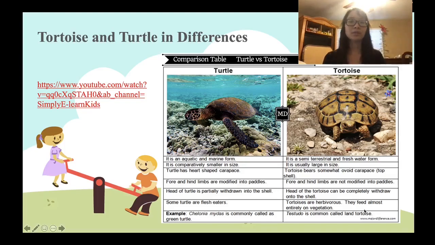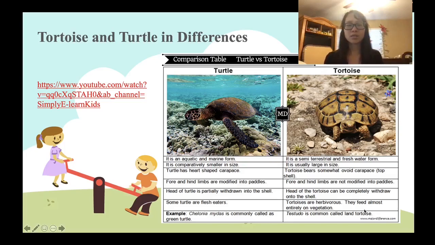For the differences, we see the comparison table. A turtle is an aquatic and marine form because they dwell in water. A tortoise is a semi-terrestrial and freshwater form, but most tortoises live on land.